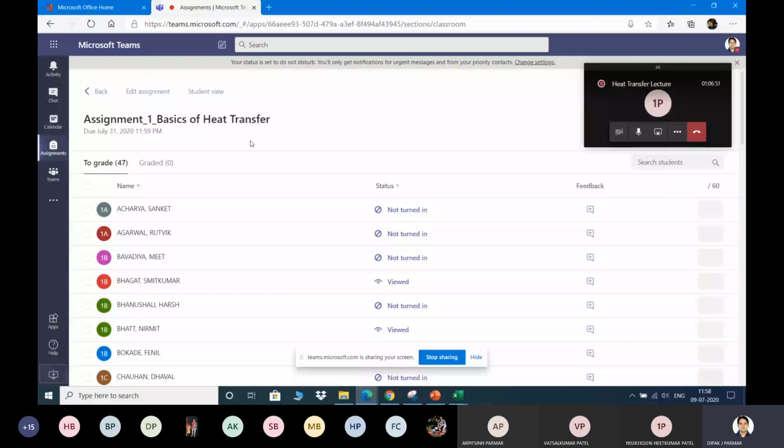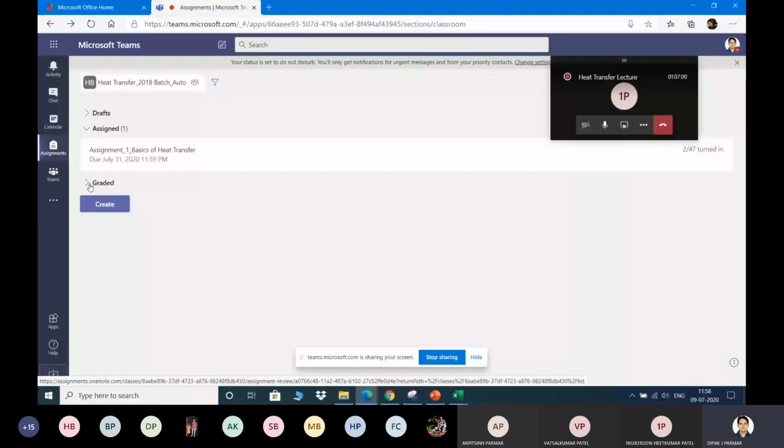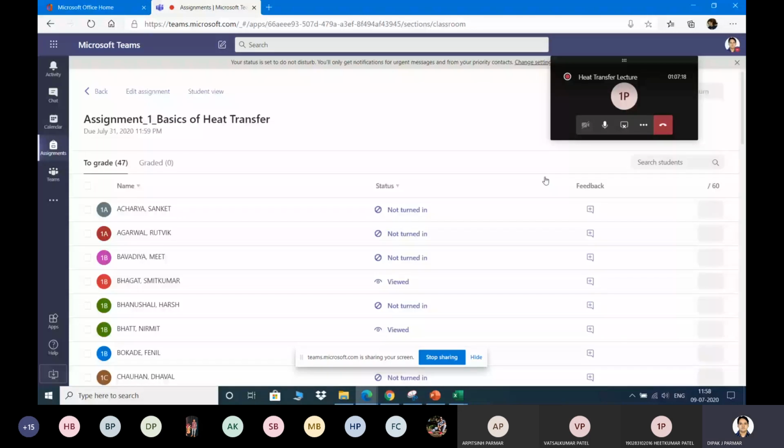So that you have to submit. The last date I have mentioned is the end of July, but I insist you submit early, because the department will ask, as 1 month is already over, what is your assignment status? Then I have to submit your marks. As these are simple numerical problems, you can submit them easily.